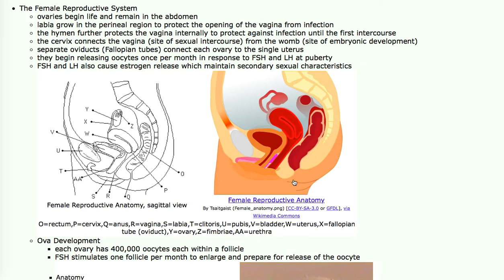So in this color diagram, you can see the same structures: anus and rectum, not reproductive; urethra and bladder, not reproductive; the pubic bone, not reproductive, but then labia, vagina, cervix, uterus, oviduct, or the oviduct here, and then ovary are reproductive.